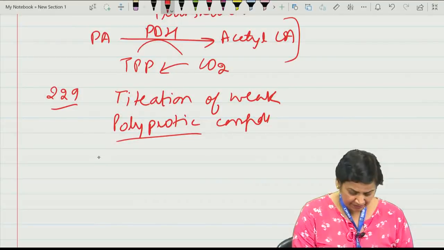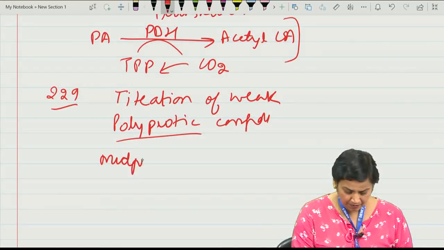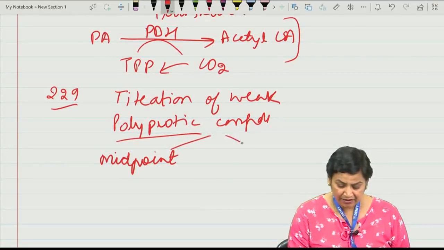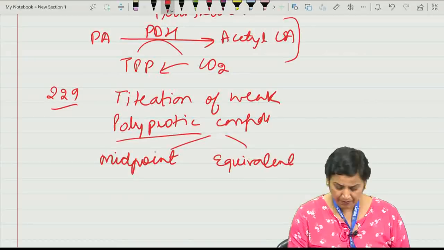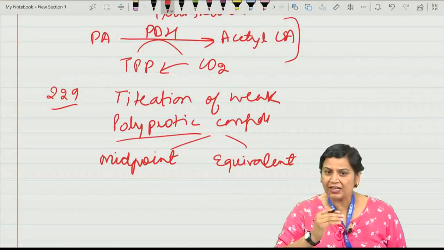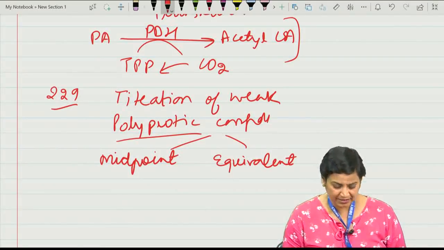One is the midpoint and the other is the equivalent point.